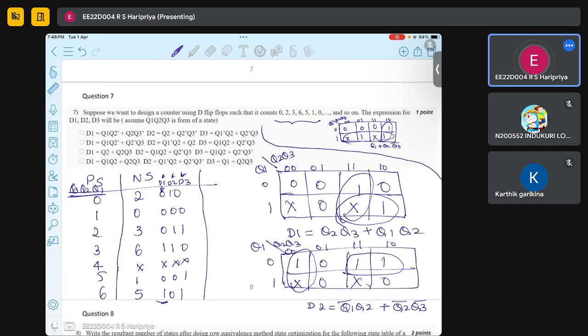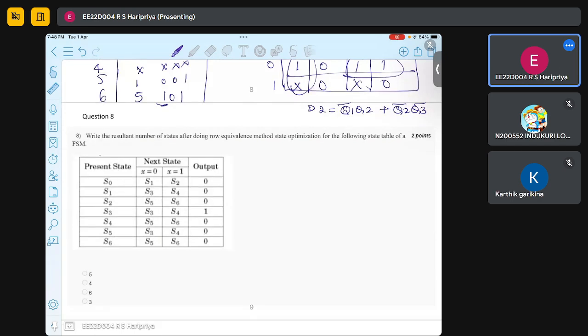This next question. Based on the output, if it is the same state, this is having the same state, same output.